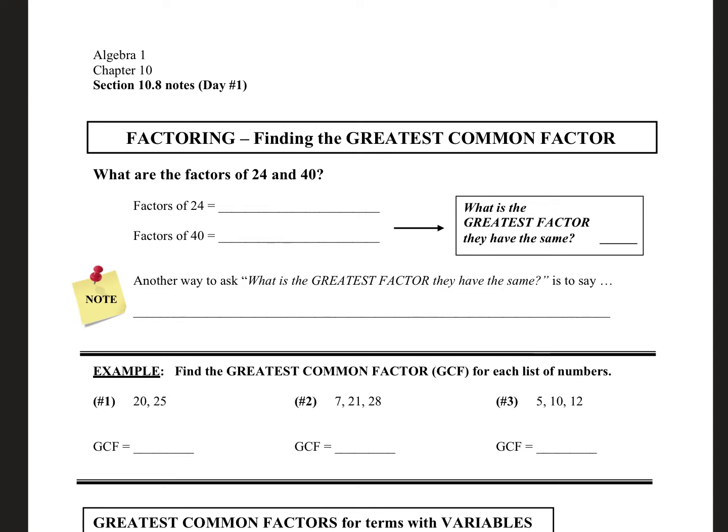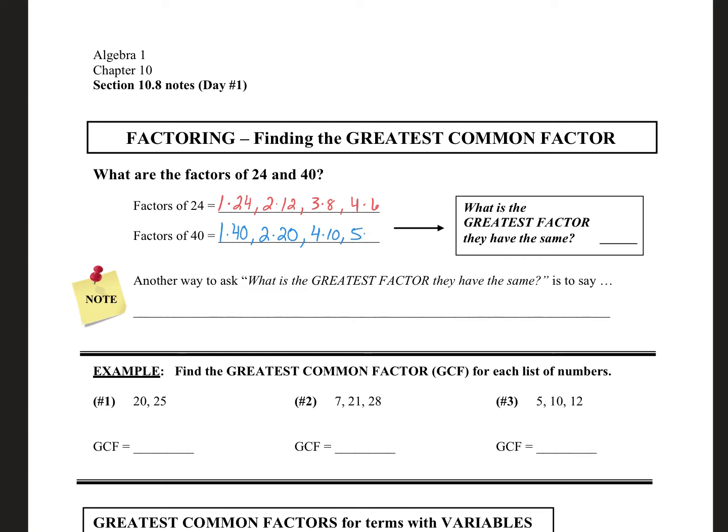So factors of 24 would be 1 and 24, 2 and 12, 3 and 8, 4 and 6, and that's all we have for that one. Okay, so factors of 40 include 1 and 40, 2 and 20, 3 doesn't go into it, but we have 4 and 10, okay, 5, we have 5 and 8.